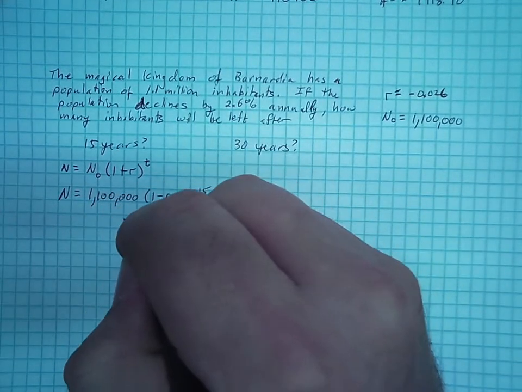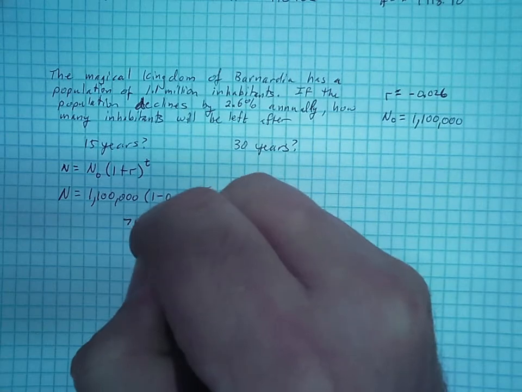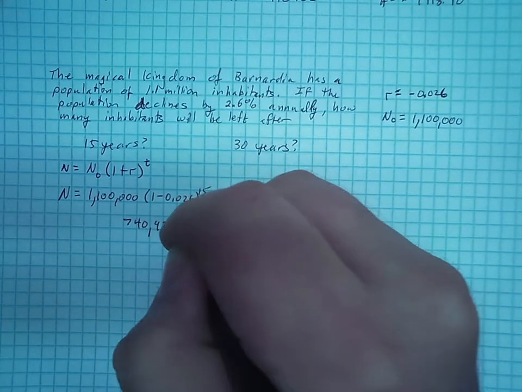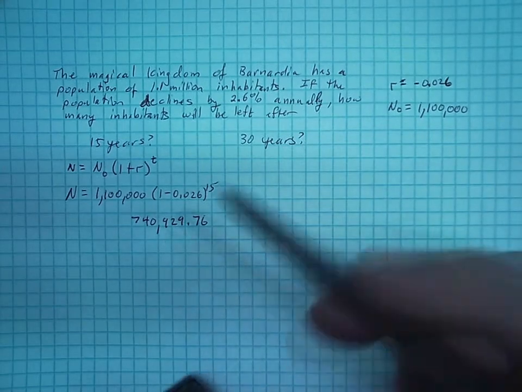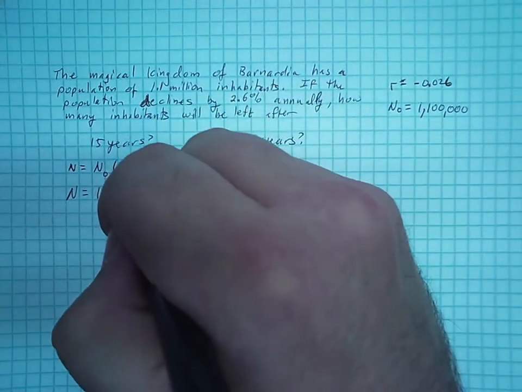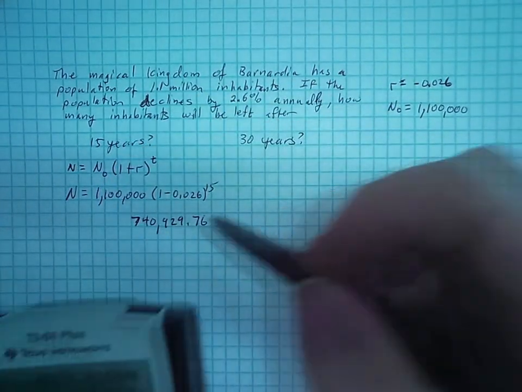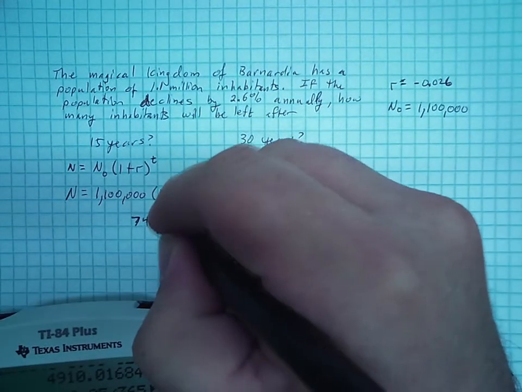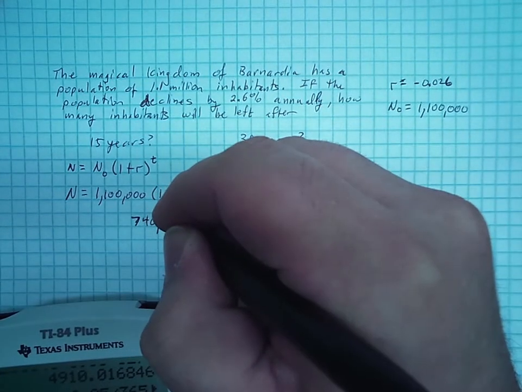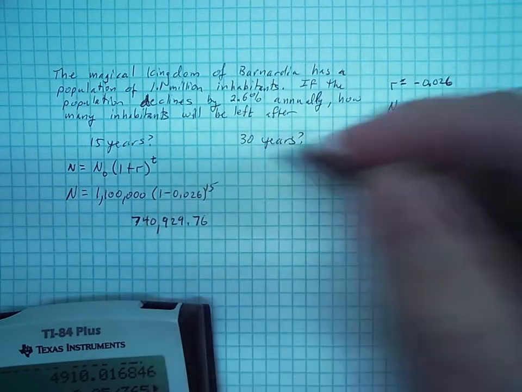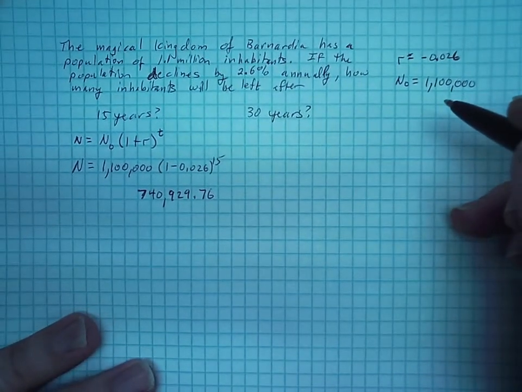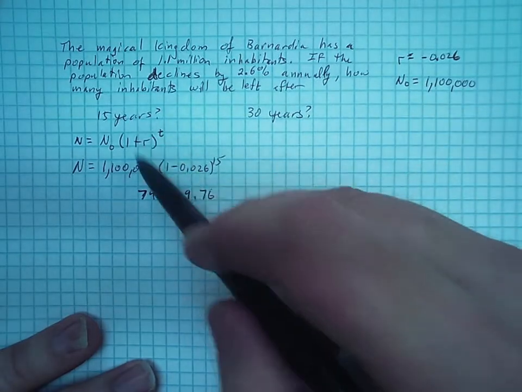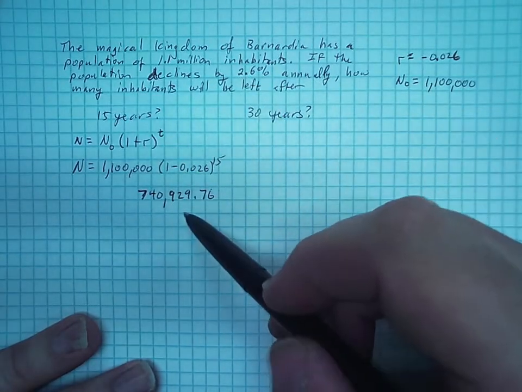I suppose this is math class and not science class. So I will report all of these digits, even though anybody who's got a passing familiarity with precision will tell you that this number is ridiculous. I should say all those digits are ridiculous. Ooh, 929. So somewhere around 740,000 is what we're looking at after 15 years at losing 2.6 per year.